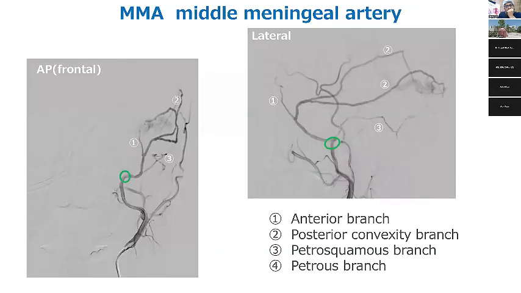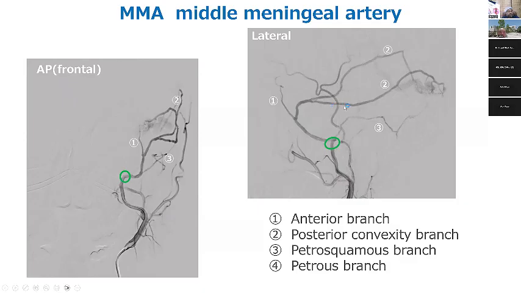Okay, then I'd like to talk about the middle meningeal artery branches. The middle meningeal artery comes from the internal maxillary artery, goes upward through the foramen spinosum, makes a turn to go anteriorly, and makes two branches. One is the anterior branch of the middle meningeal artery.